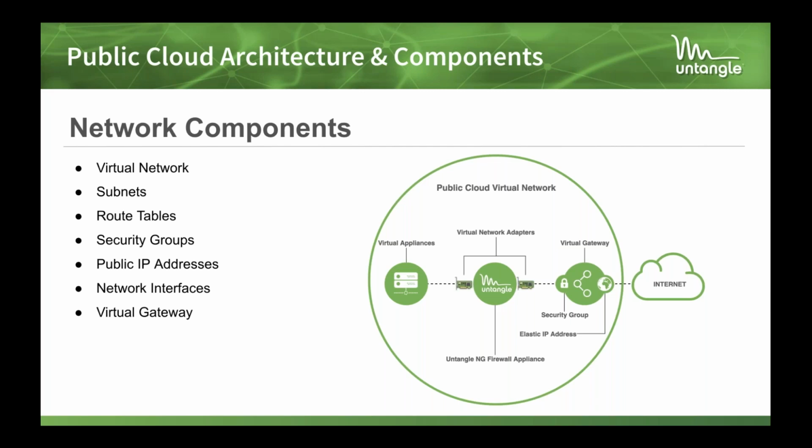You're going to need virtual components. In this illustration, I've pointed out some of the main pieces that you would be building out in your public cloud virtual network. That's going to include, firstly, your virtual network, which is an IP range, then subnets within that virtual network.